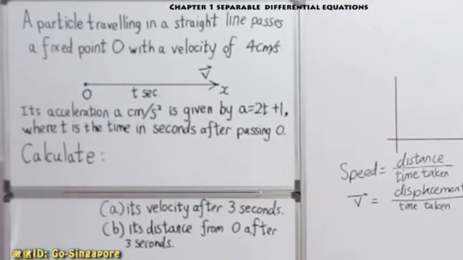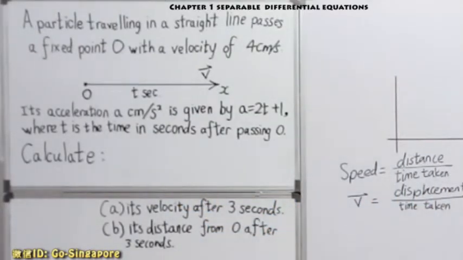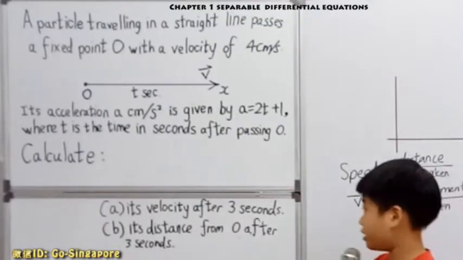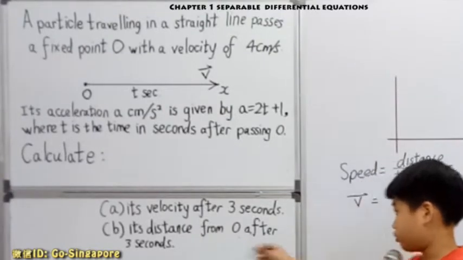Its acceleration after passing O is a cm per second squared, where a equals 2t plus 1. Here t is the time in seconds after passing point O. We need to calculate the velocity after 3 seconds, and the distance from O after 3 seconds.